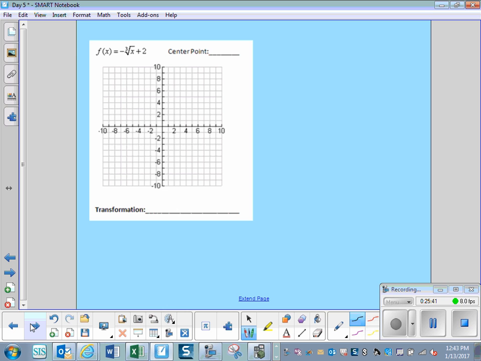Okay. The next function, negative third root of x plus 2. What is my parent function? Anyone? Teddy, what is the parent function?